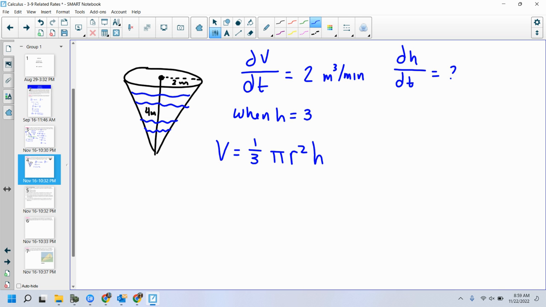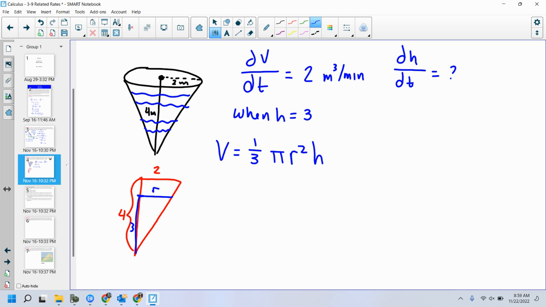Think about this piece in here, right? I'm just going to pull that out. This was 2, and this is 4, right? This full length in here was 4. I want to know, when height is 3, what is my radius?